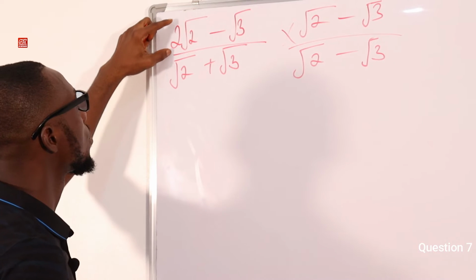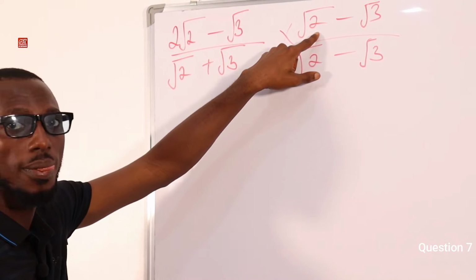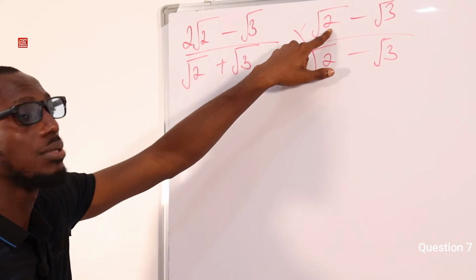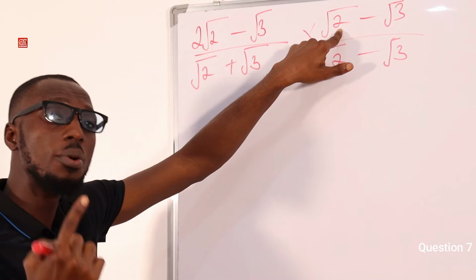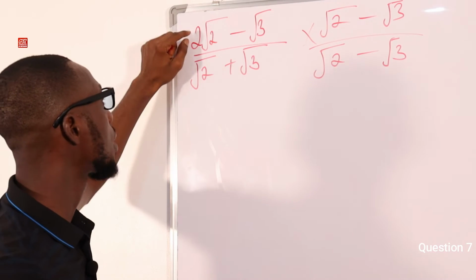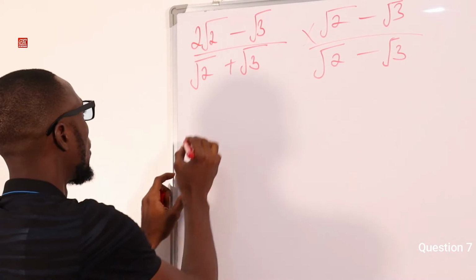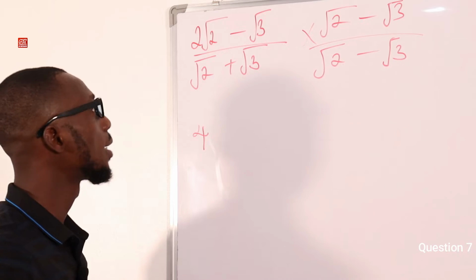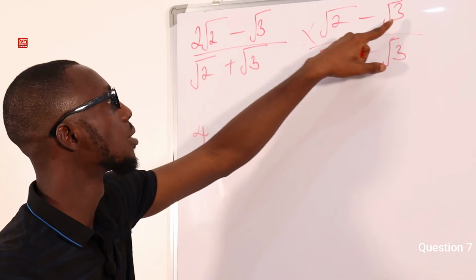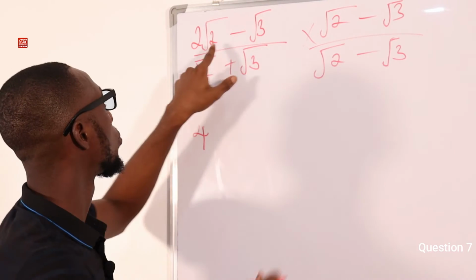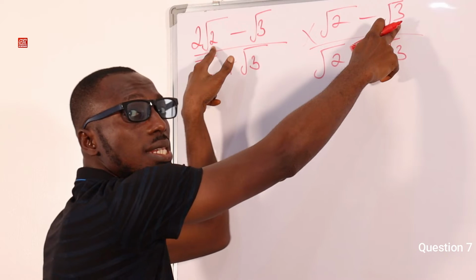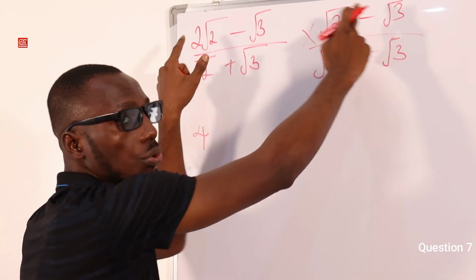Okay, very well. So 2 root 2 times root 2, that is root 4. Square root of 4 is 2. 2 times 2 outside, that is 4. You can see that 2 root 2 times root 3, that will be root 2 times root 3, that is root 6. So I have 2 root 6.